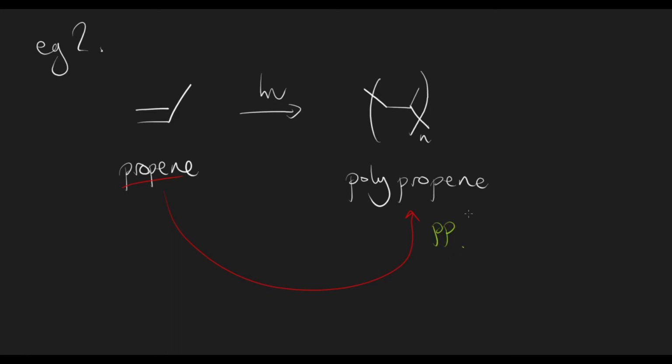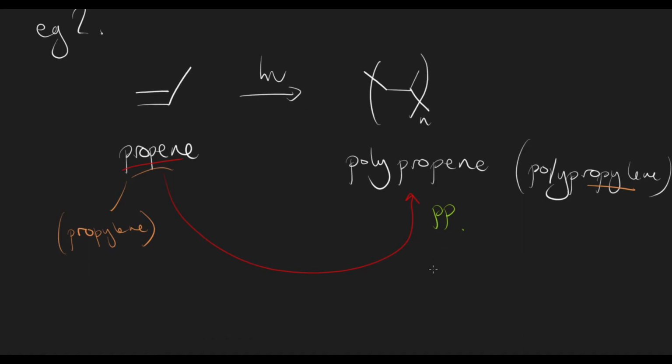And you might have heard of this referred to as well as polypropylene, and that's just because propylene is the old name for propene. So propene is sometimes called propylene. So polypropylene is PP, and that's used all over the place, kind of a clear, hard plastic, and you might have experienced that in your life, and now you know what to look out for.